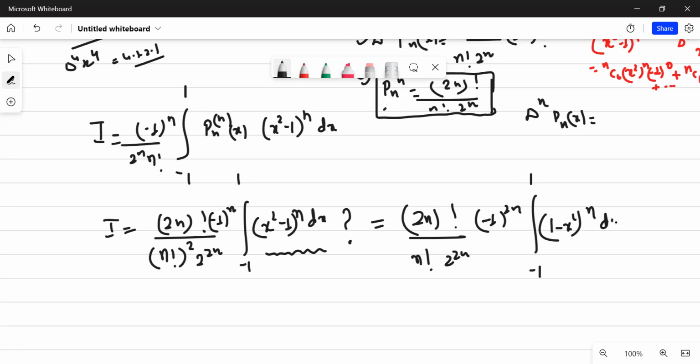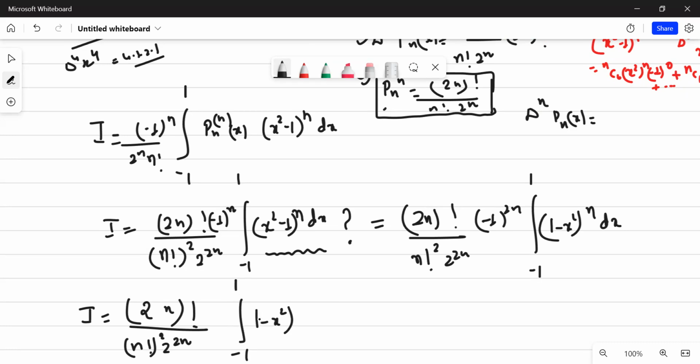I'm not liking this. Okay, so minus 1 की power 2n will become 1 only, so forget about it. So overall understand, we want to find this term. Sorry, n factorial का square here will come, 2 की power 2n will come here, and this is minus 1 to plus 1, 1 minus x square की power n dx. Is that clear till now?